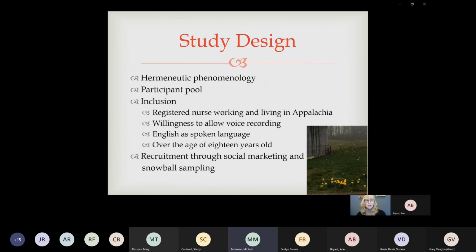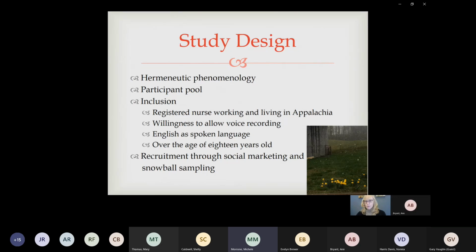The baccalaureate nurse is considered to be the entry-level professional nurse. Even though my study included advanced practice nurses, those advanced practice nurses have a baccalaureate preparation. So that was the rationale for excluding LPNs and including advanced degrees.